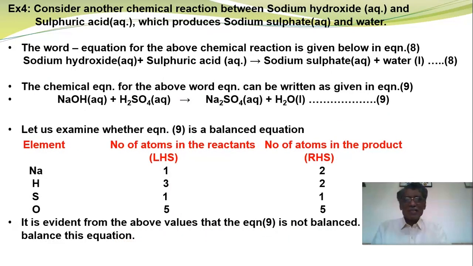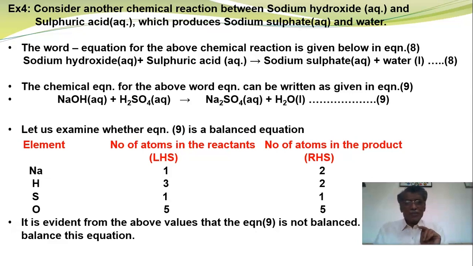Now consider another chemical reaction between sodium hydroxide (aqueous) and sulphuric acid (aqueous), which produces sodium sulphate (aqueous) and water. First write the word equation. Sodium hydroxide (AQ) plus sulphuric acid (AQ) gives rise to sodium sulphate (AQ) plus water (liquid). Now the chemical equation is NaOH (AQ) plus H2SO4 (AQ) giving rise to Na2SO4 (AQ) plus H2O (L).